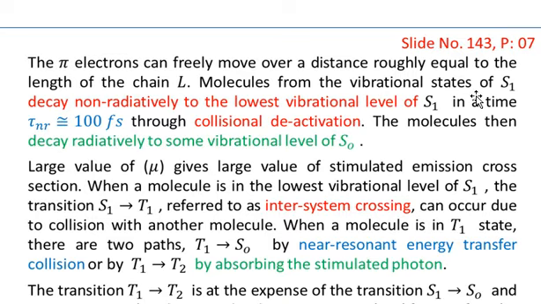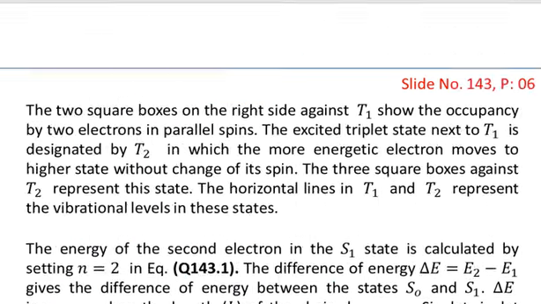Molecules from the vibrational states of S1 decay non-radiatively to the lowest vibrational level of S1 in a time tau nr, that is the non-radiative lifetime. Tau will be of the order of 100 femtosecond through collisional deactivation.